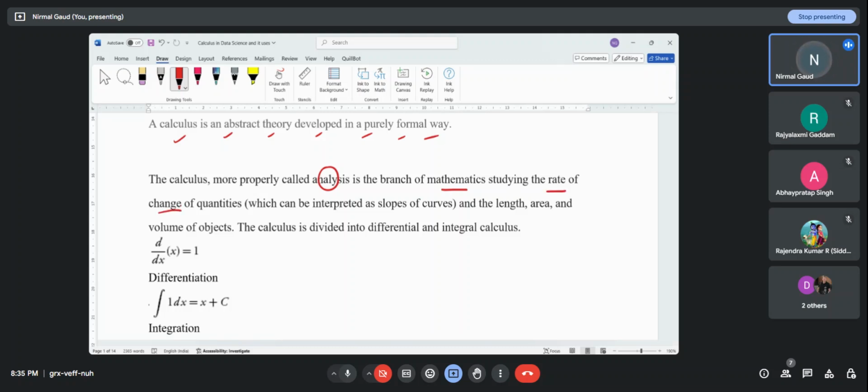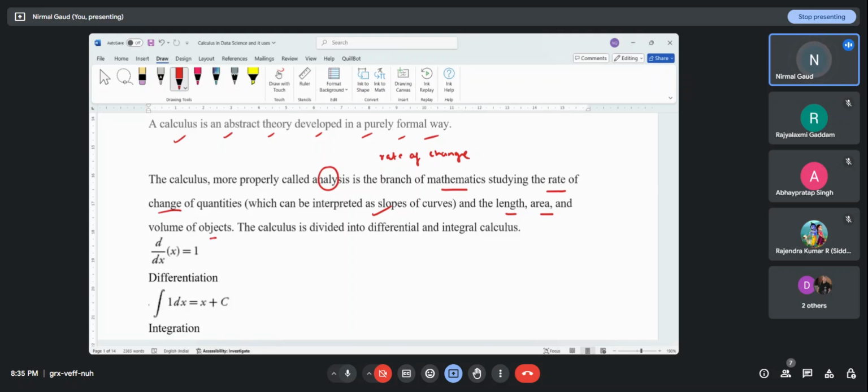Okay, in general, we are talking about rate of change as calculus. So if you want to interpret the slope of a curve, length, area, volume of objects, we do use concepts of calculus.